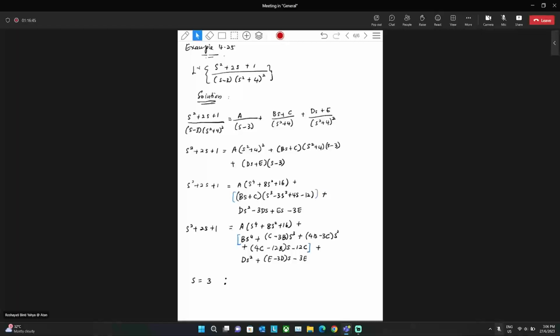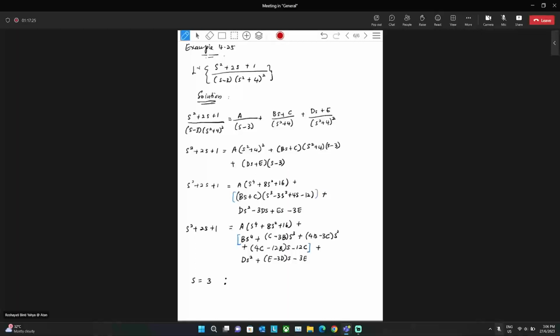So better that you solve for this, and for this part you do not combine. Please do not combine in this case, so that it is easier for you to choose which S can make your equation 0.